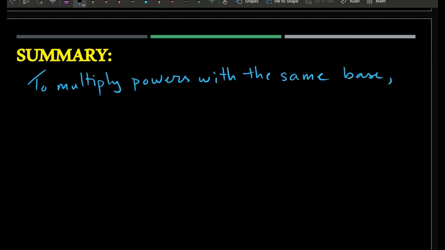What will you do if you multiply the powers with the same base? I hope that you answered that to multiply the powers with the same base, we have to add the exponents. So we add the top numbers.